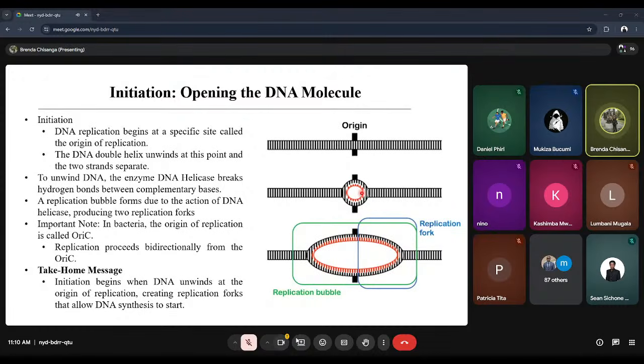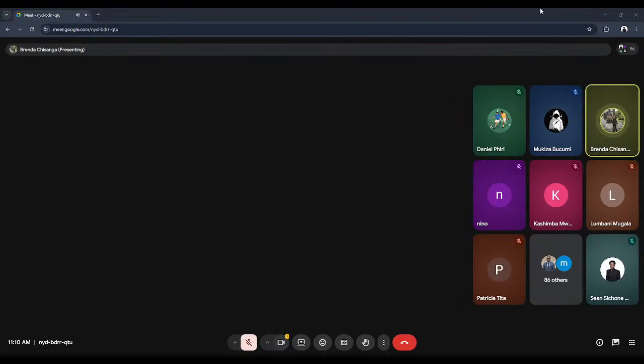And what you see is kind of a bubble. On either end of the DNA, you still have your double strands together, held by hydrogen bonds. What this means is that when DNA is opened or unwound, or when the hydrogen bonds are broken at the origin of replication, it is not the whole stretch at one time.